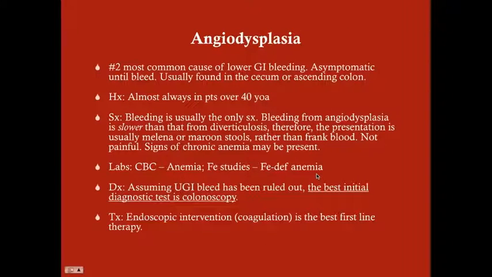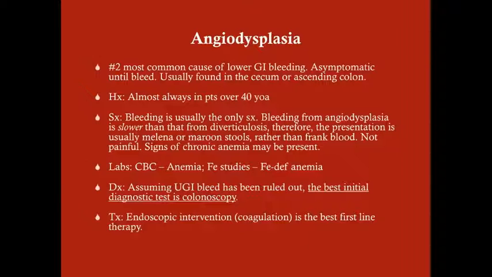Okay, angiodysplasia is the number 2 most common cause of lower GI bleeding, but definitely less common than diverticulosis. It's asymptomatic until there is a bleed, and it's usually found in the cecum or ascending colon. So this is not going to present with bright red blood. It might not even present as maroon stools.